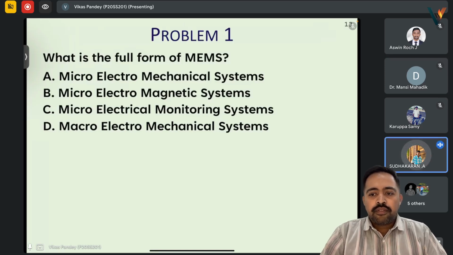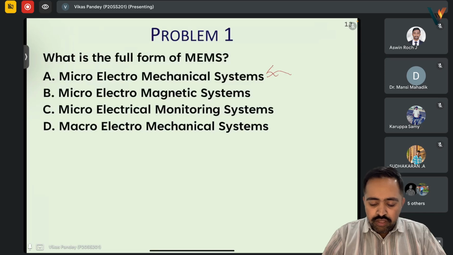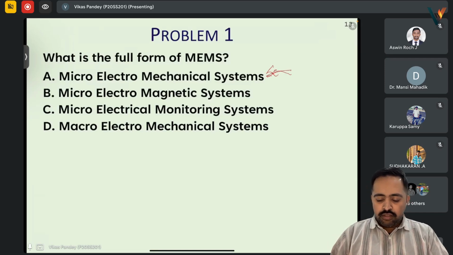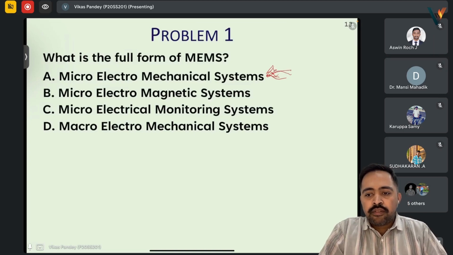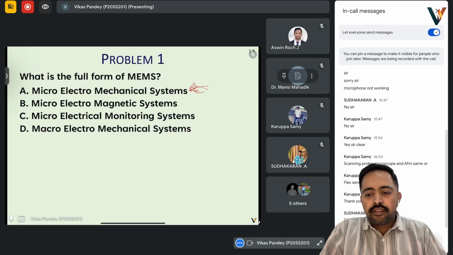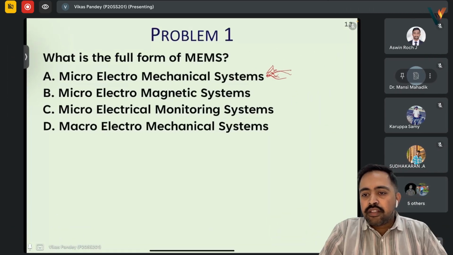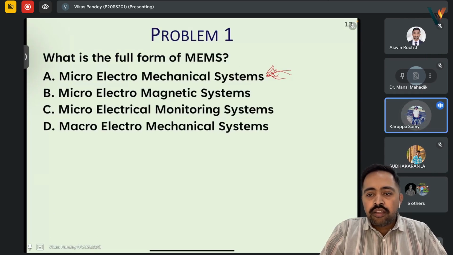Micro electromechanical system, sir. Micro electromechanical system, that is A. Any other answers to this? Anyone? Yeah, I think Sudhakaran, you said this, right? Micro electromechanical system, the same, the first one. Okay.